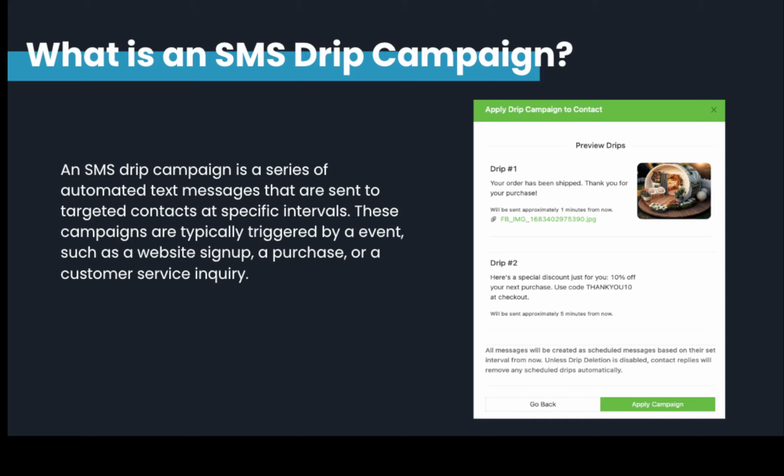By sending a series of relevant and timely messages, you can keep your contact engaged and encourage them to take action. Now, the overall objective of a drip campaign is to promote your business and drive them to take actions. But in order to be effective, your campaign needs to be well planned and well executed.